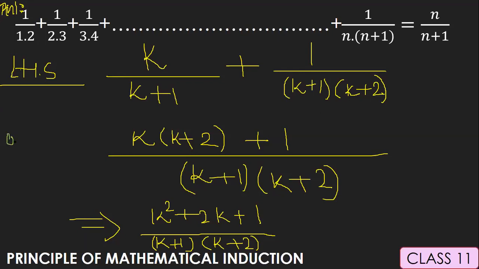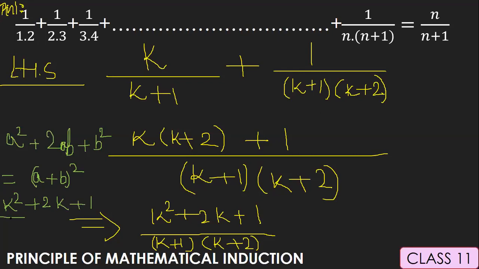It is a square plus 2ab plus b square, this is equal to a plus b whole square, right? So here you have k square plus 2k plus 1.